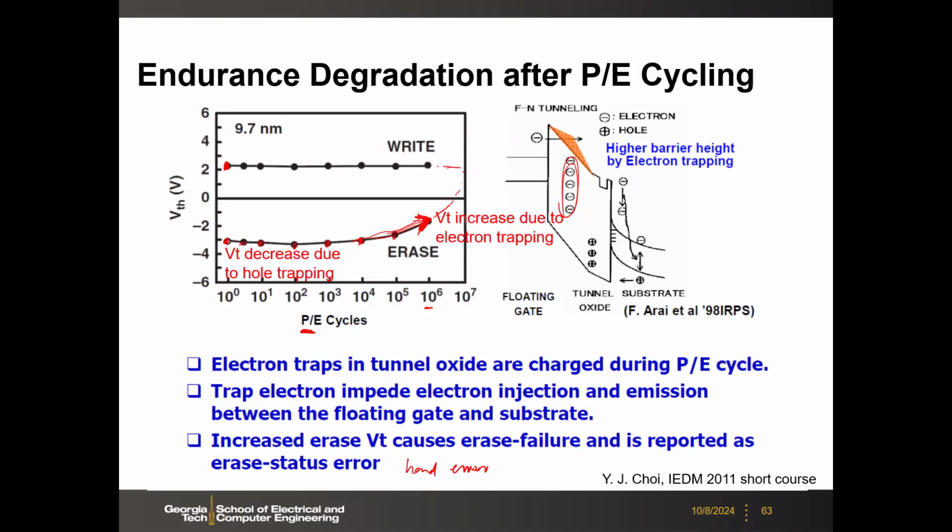Let's say every switch between the pulsing and the read takes 1 second. If you measure that for every cycle, 10 to the power 6 seconds will be like 1 month already. So practically, you cannot do that. What you typically do is do many pulsing and then read once. Many pulsing and read once. You just monitor the overall trend, okay?